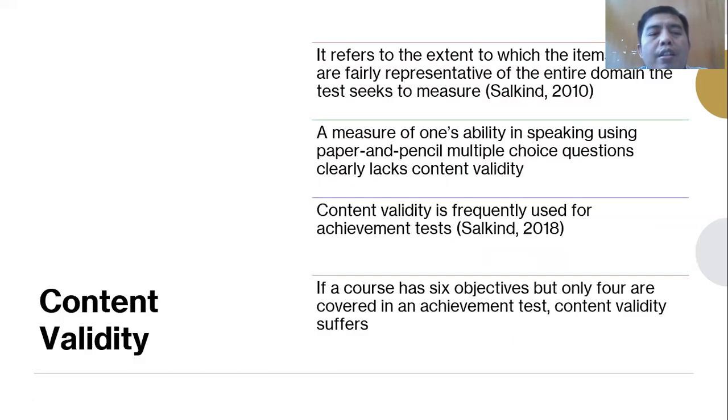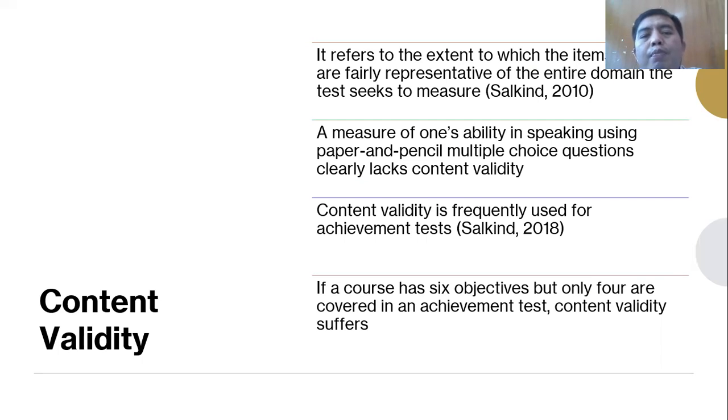So what is content validity? In simple words, content validity refers to the representativeness of the test items to the entire domain the test seeks to measure.